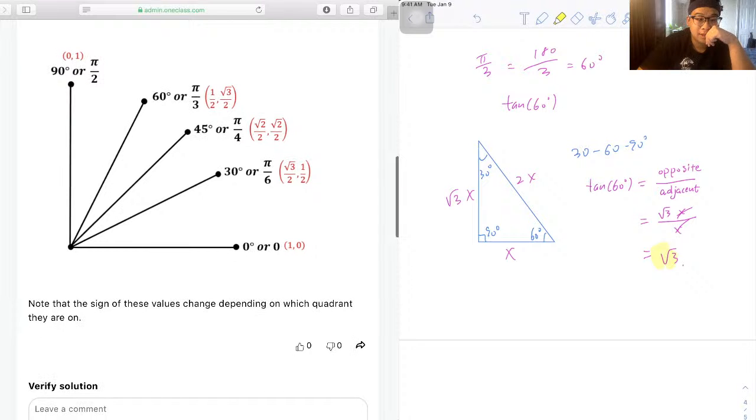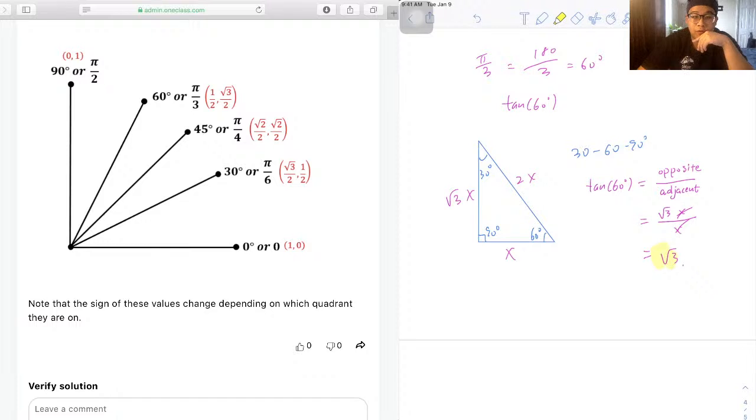So note that the sign of these values changes depending on which quadrant they're in. If it's the first quadrant, it's going to be all positive. If it's the second quadrant, the x coordinate will be negative, while the y value is still going to be positive. If we are in the third quadrant, it's going to be negative for both x and y values.